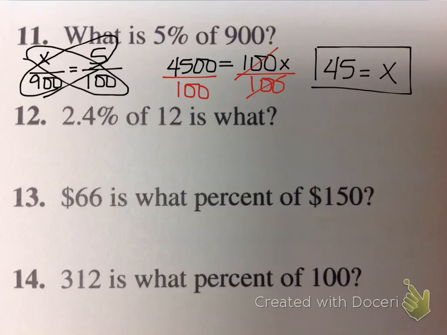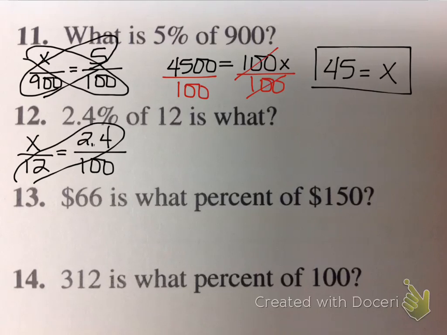So what is 5% of 900? 45 is. Let's translate the next one. Again, fraction bar, equal sign, fraction bar over 100. 2.4%, so 2.4 goes over my 100, of 12 is what number? Again, I'm going to do cross products. 12 times 2.4 is 28.8.